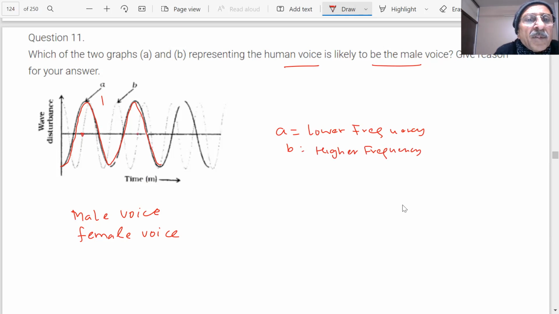This is from here to here. And this is from, okay. More vibrations are there. More vibration, higher frequency. Lower frequency means low pitch. Higher frequency means high pitch sound.